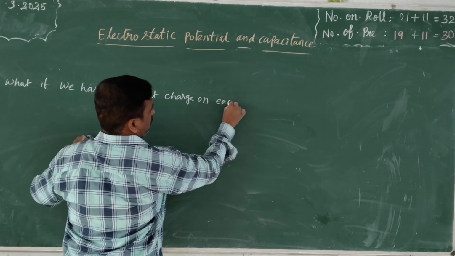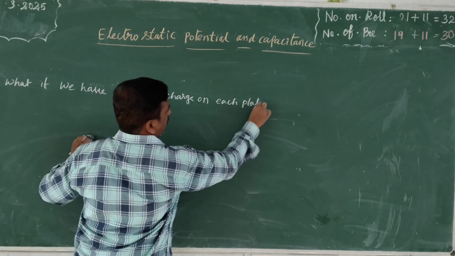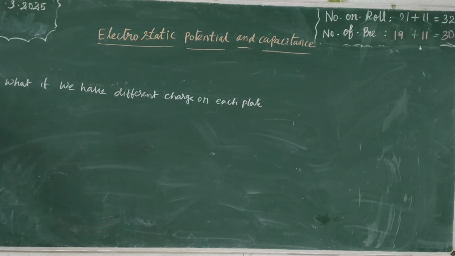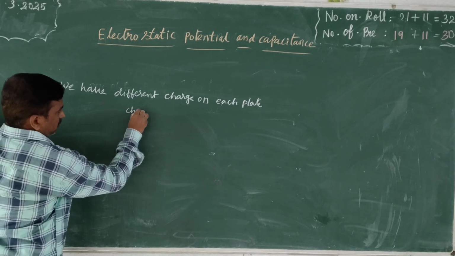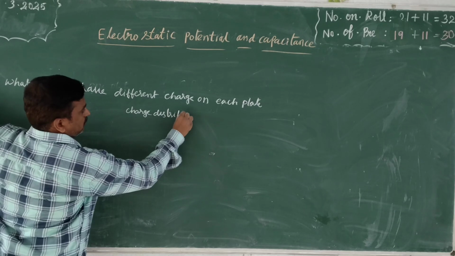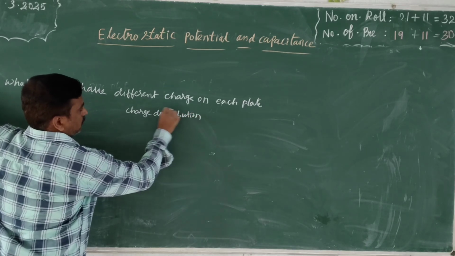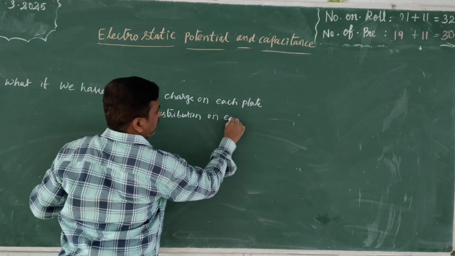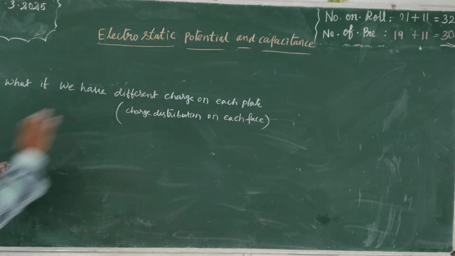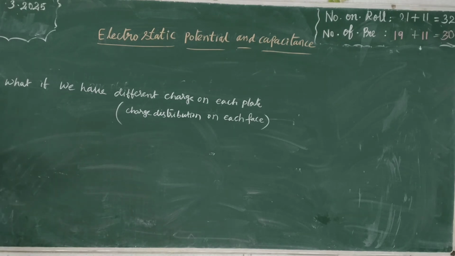How will the charge be distributed on the inside and outside faces? So, the distribution of charge on each face. Different charges are there on the plates. In that case, how the charge will be distributed on the inside face and outside face, that we discuss.